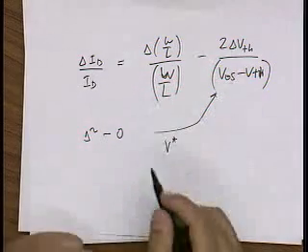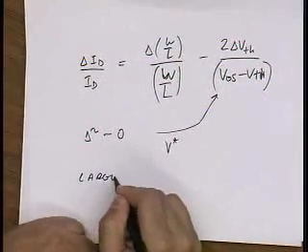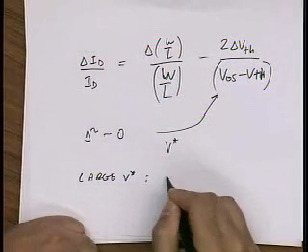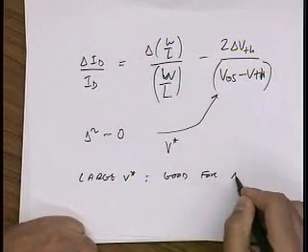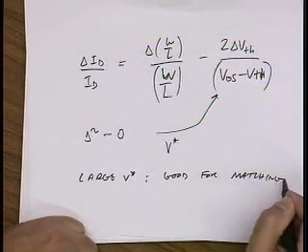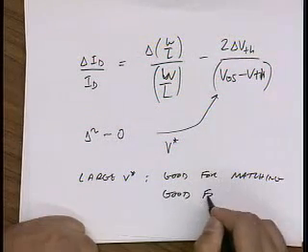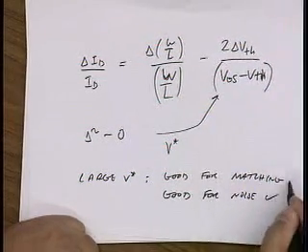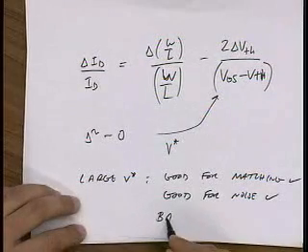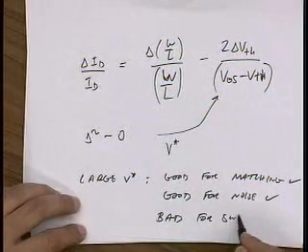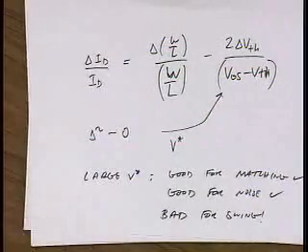Okay? How does that impact noise? It's good for noise too, right? So large V star is good for matching, and it's good for noise. But, of course, it's bad for swing. Okay?